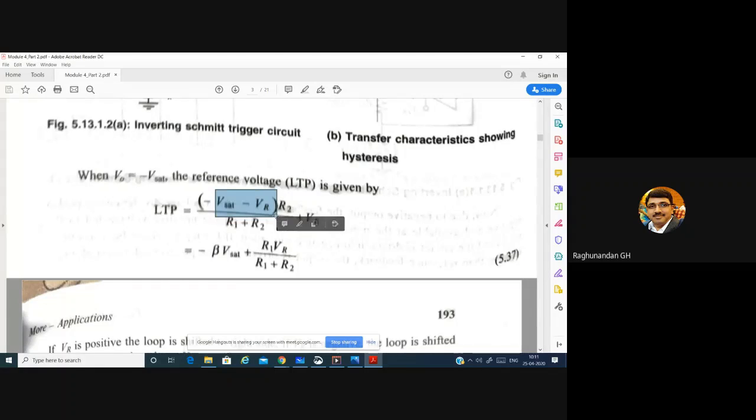Earlier it was just considered as VSAT R2 by R1 plus R2, but now the main supply is not only VSAT, it is VSAT minus VR. Here it is minus VSAT minus VR.